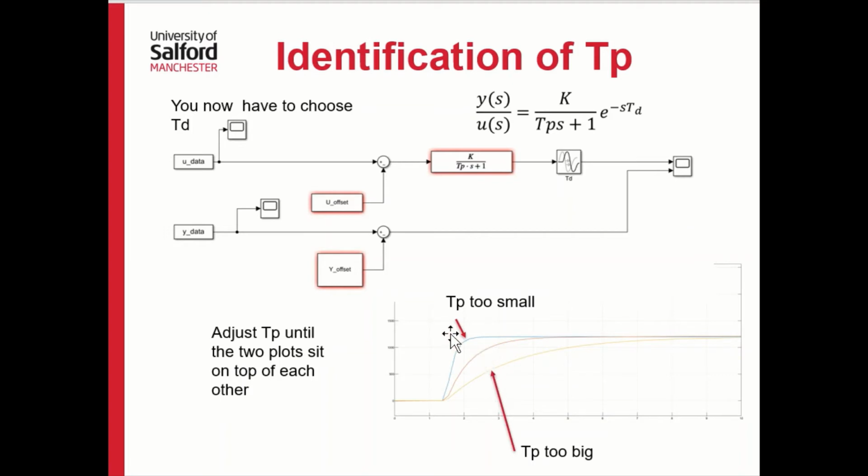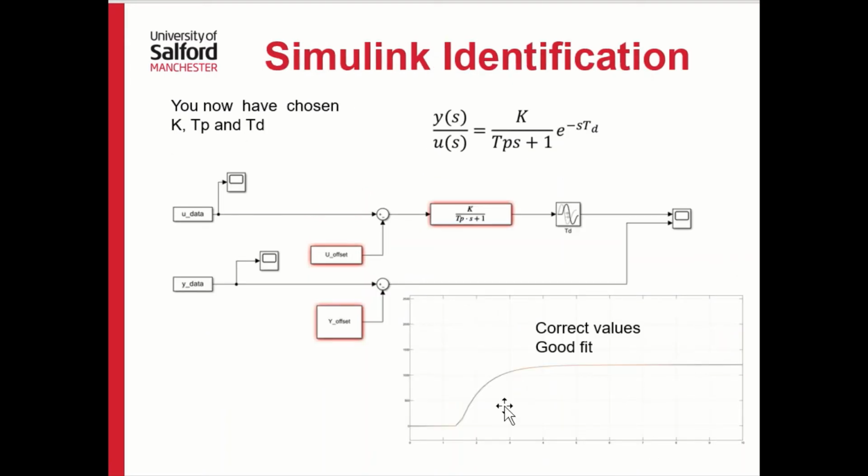And you can push that way or that way until you get exactly the same graph. So when you've done that, you'll then get the two lines sitting on top of each other, and you'll know what K, TP and TD are. And that's like using the real data to model your transfer function to pick up the parameters of your transfer function. So once you've got those, then you've got yourself a transfer function.